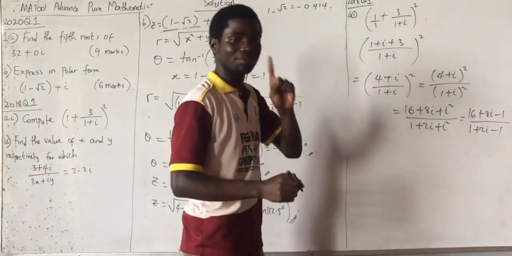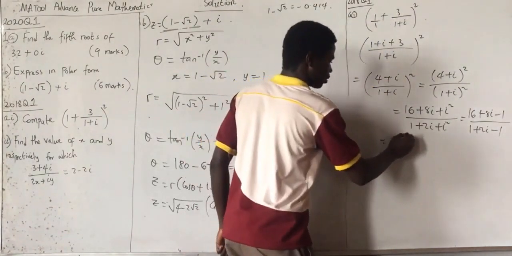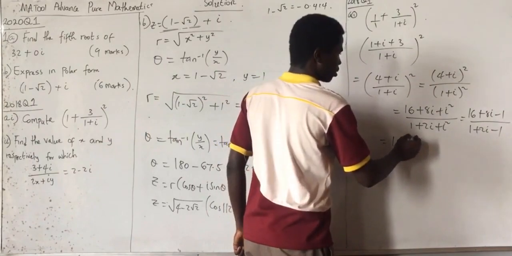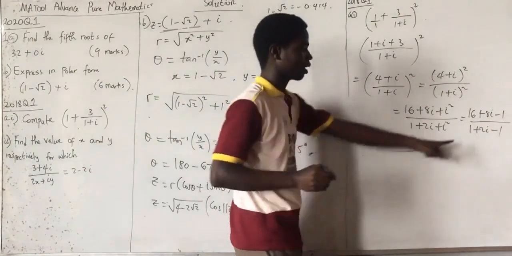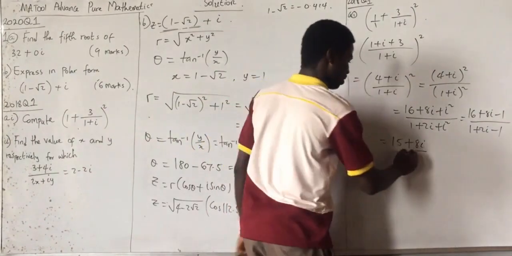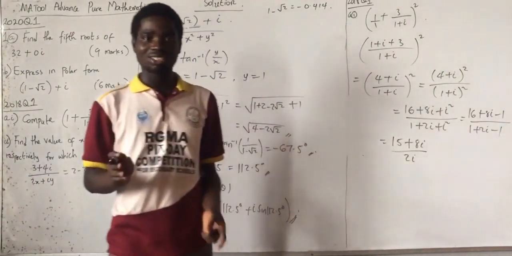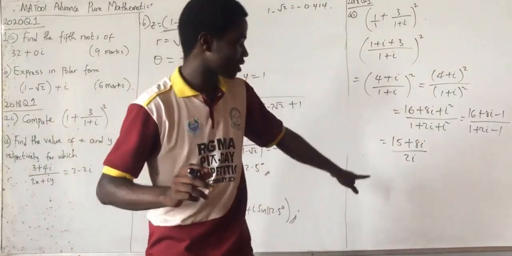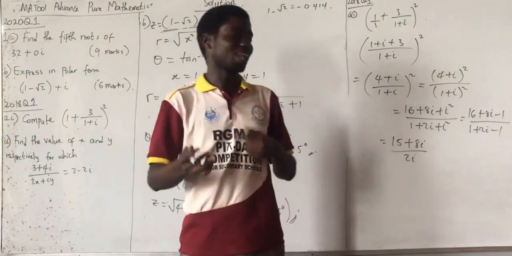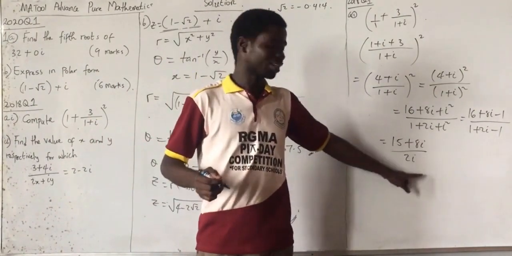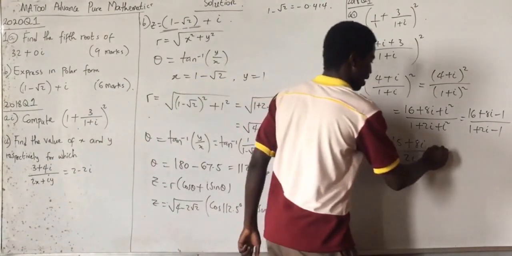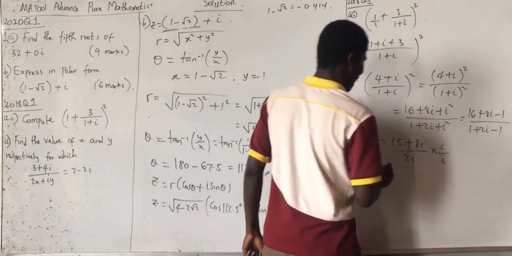16 minus 1 is 15. So this is 15 plus 8i all over 1 minus 1 is 0, so I'm left with 2i. The last thing I do is take away this i from the denominator. That means I rationalize. I multiply both numerator and denominator by i.